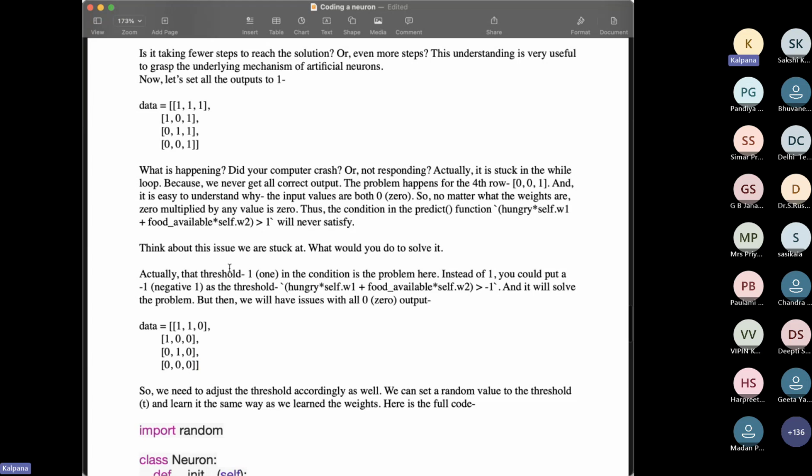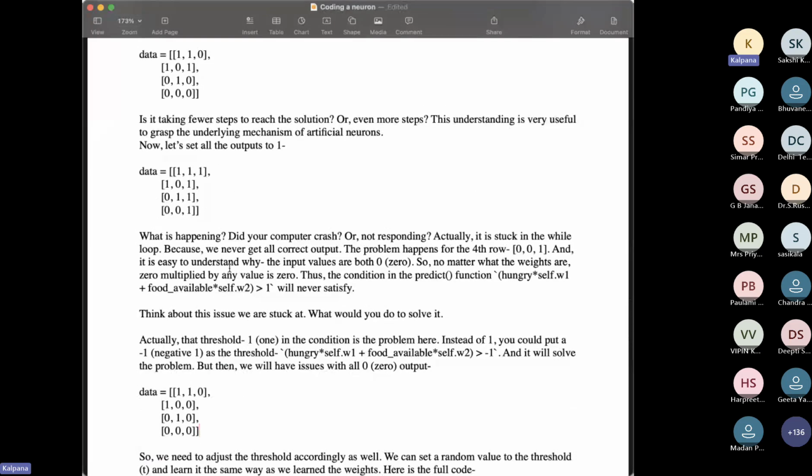For some of the data it is working, and for some of the data it is not able to find anything. See, hungry, food available, eat have some meaning associated with us humans. But when it comes to the machine, it is 101, 011, and so on. If for these two inputs these are my labels, then probably my machine will never get trained, because if we have started with 1 as the threshold, then definitely all of them will be incorrect. Is it clear?